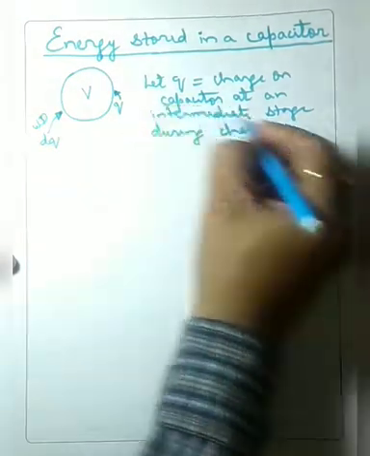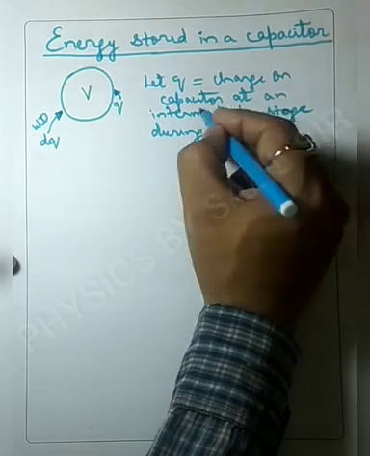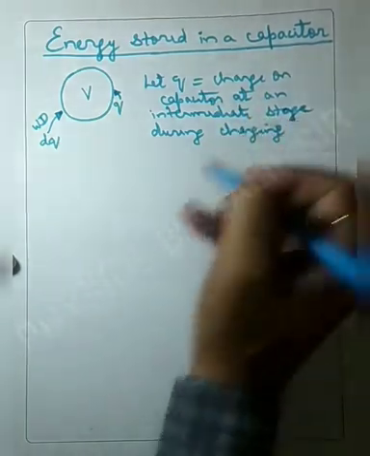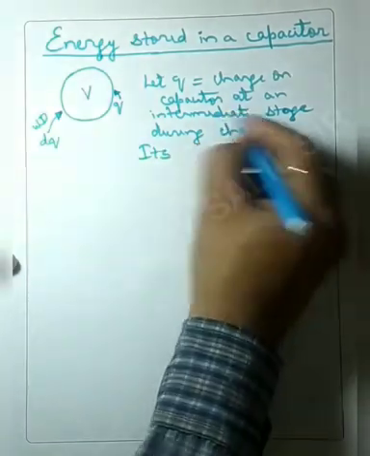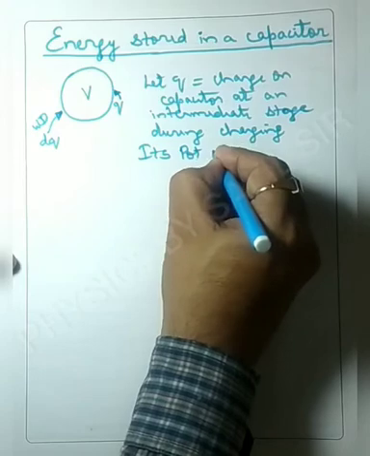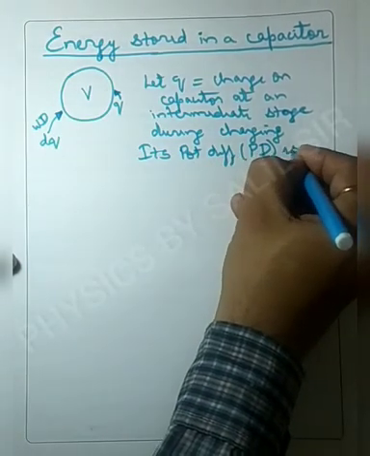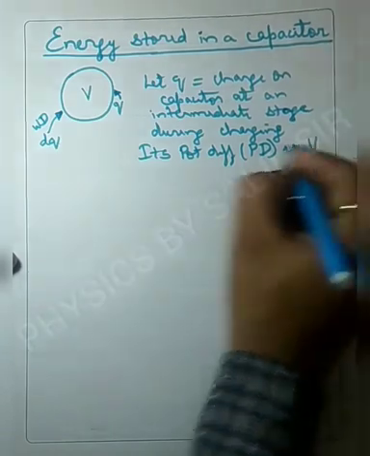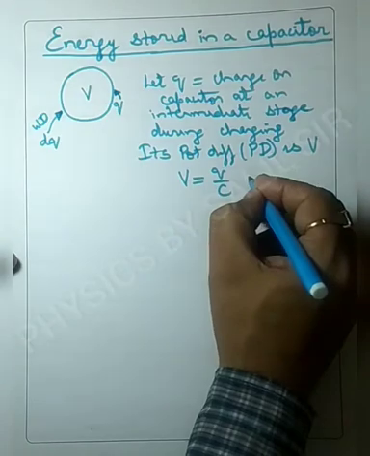Means there is some intermediate stage, and this Q is the charge on that capacitor at that stage during charging. At this intermediate stage, its potential difference, PD, is V. So we know that V is equal to Q upon C.